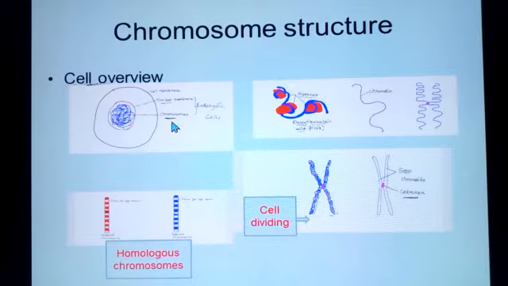So that means we can only observe the chromosomes in a cell that is undergoing division, and by use of a powerful microscope. Otherwise, in most cases, they are observed as granules that are suspended within the nucleolus.